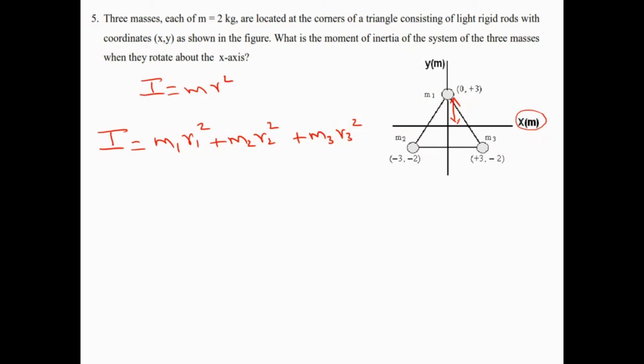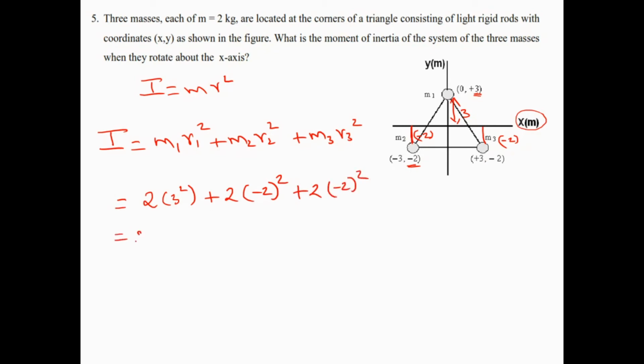The distance here is exactly 3. Likewise, for the second mass, the distance to the x-axis is -2 because of the coordinate value we have. Likewise, the distance of the third mass is -2. Each mass has the same value 2. So 2 multiplied by 3 square plus 2 multiplied by -2 square plus 2 multiplied by -2 square.